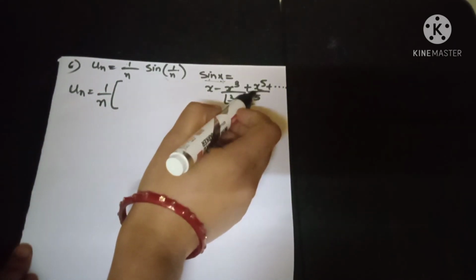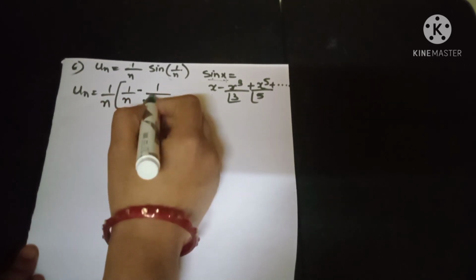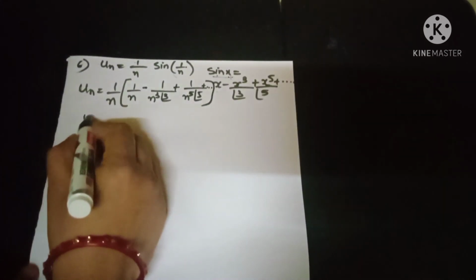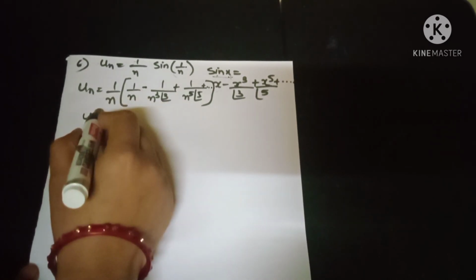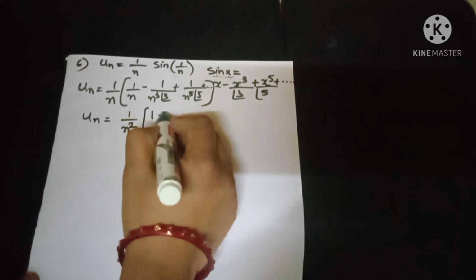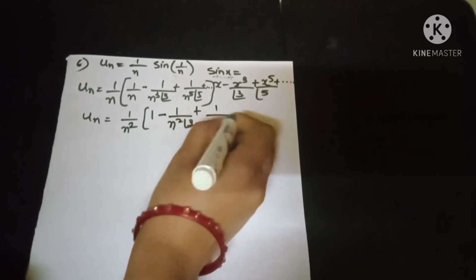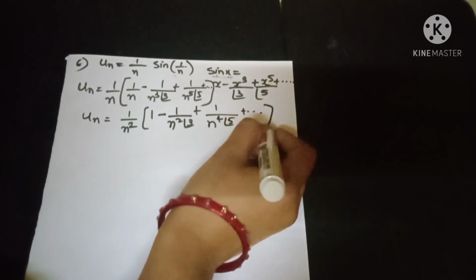So substituting x is equal to 1 by n, we get 1 by n minus 1 by (n cube into 3 factorial) plus 1 by (n to the power of 5 into 5 factorial) plus etc. If I take 1 by n as a common factor, then un is 1 by n square into (1 minus 1 by (n square 3 factorial) plus 1 by (n to the power of 4 5 factorial) plus etc.)